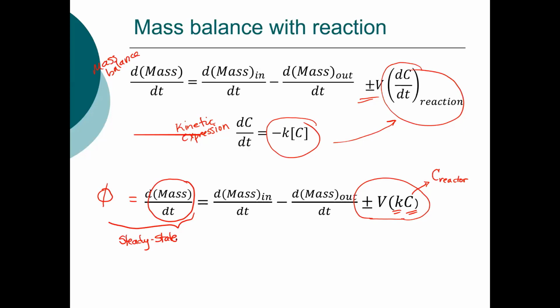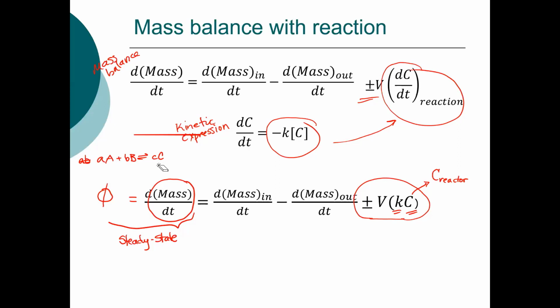So if we look back at the chemical reaction we wrote for the general reaction, if this is at equilibrium, there's no net change in the concentrations of these species.